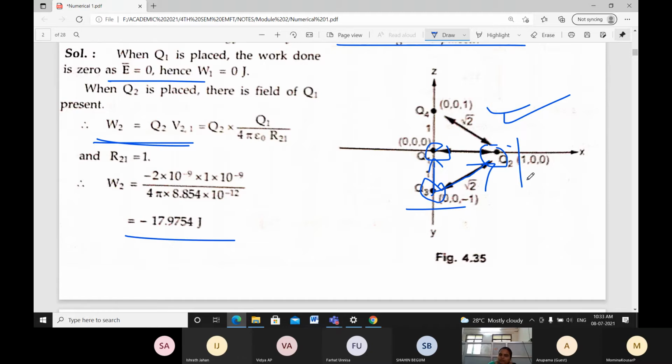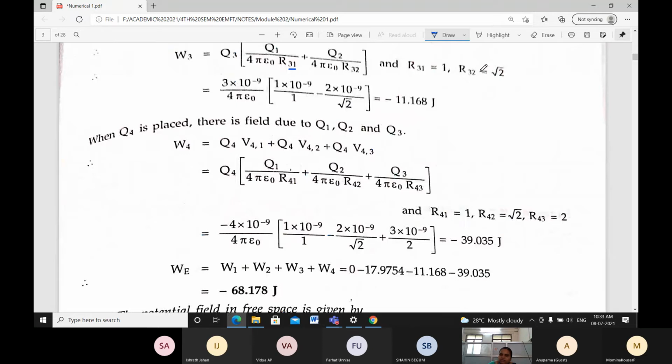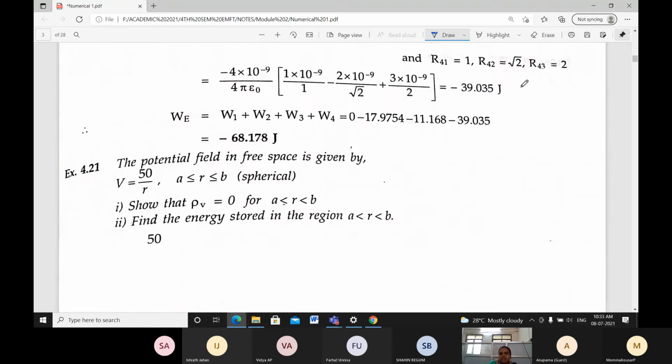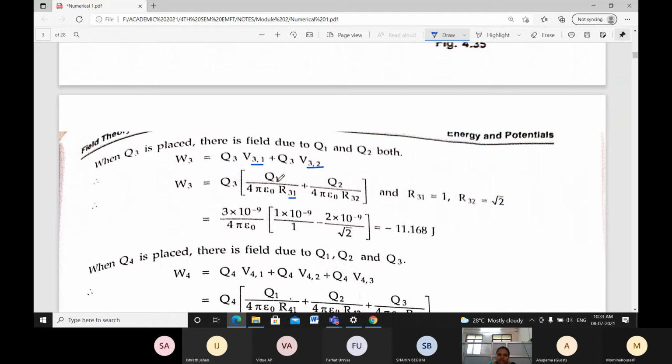Apply your distance formula, then you will be getting the value as square root of 2. By the Pythagoras theorem also, you can take this if you consider it as a triangle. Here it is 1, here it is also 1. Therefore, the diagonal is going to be equal to square root of 2. Simple maths you can use here. Then we got the distance, substitute in the equation, then simplify that, you will be getting minus 11.168.